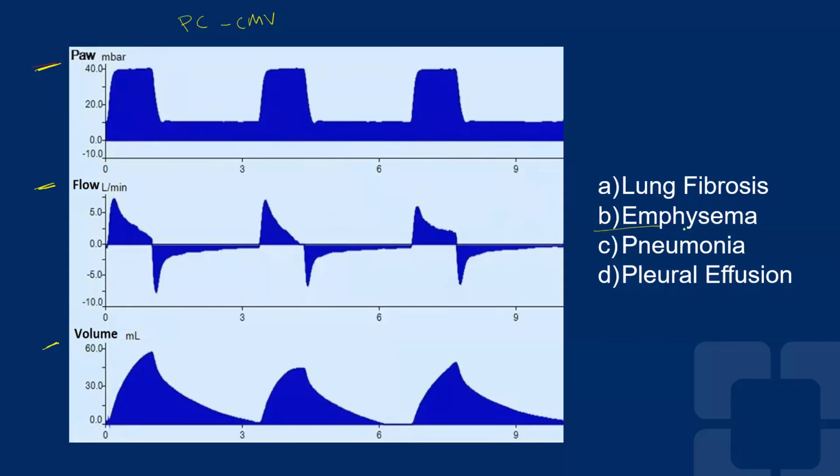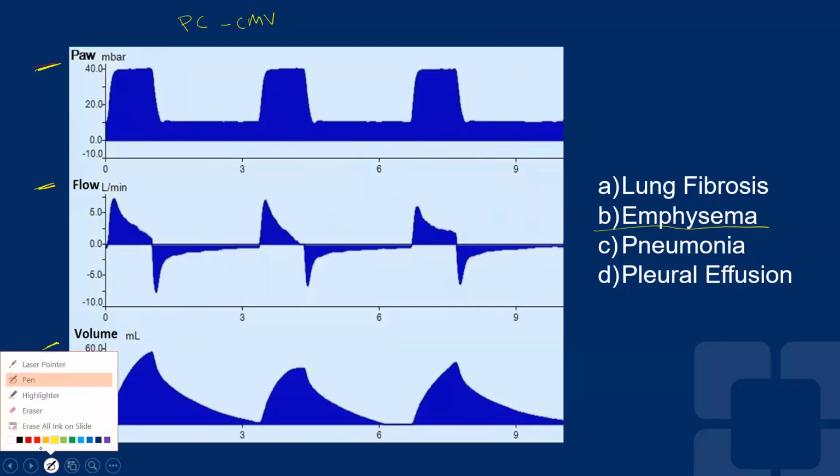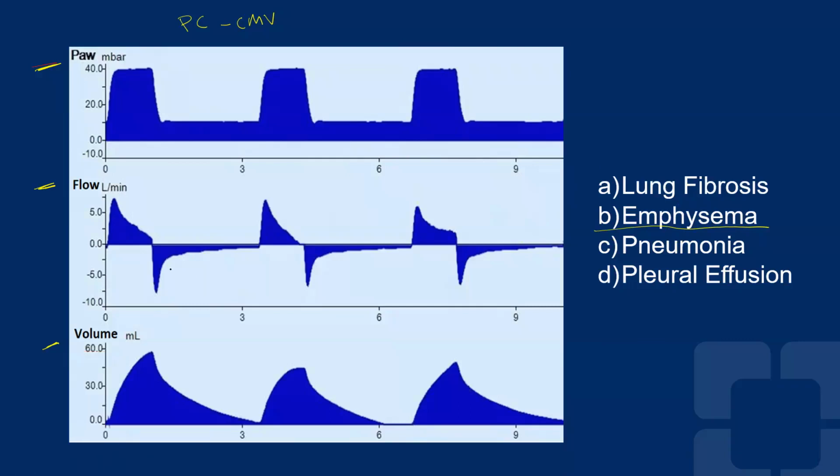For pneumonia, where the lung parenchyma compliance is going to go down, the time constant goes down. And in pleural effusion, the same happens. But in emphysema, when there's increased resistance, the time constant is prolonged. That's why this is the answer for this question. It took a long period of time for the flow to reach baseline.